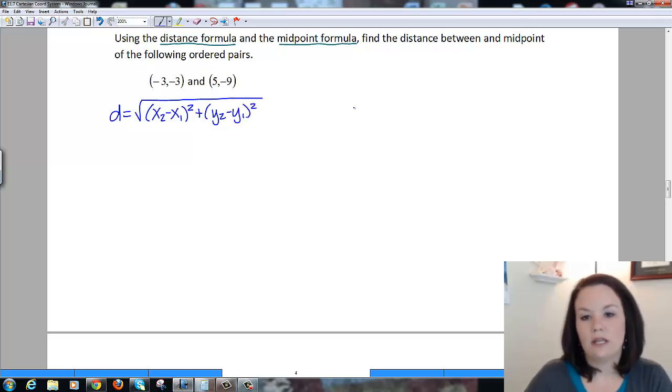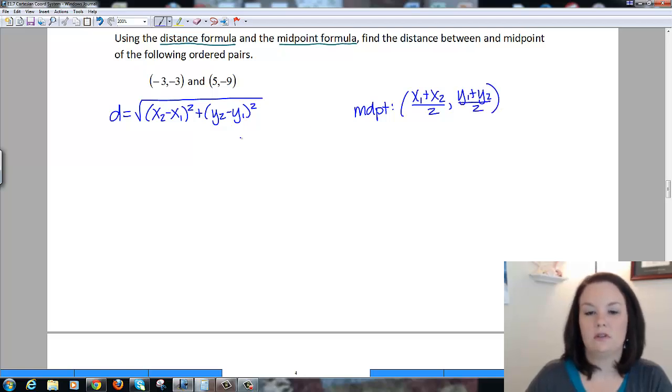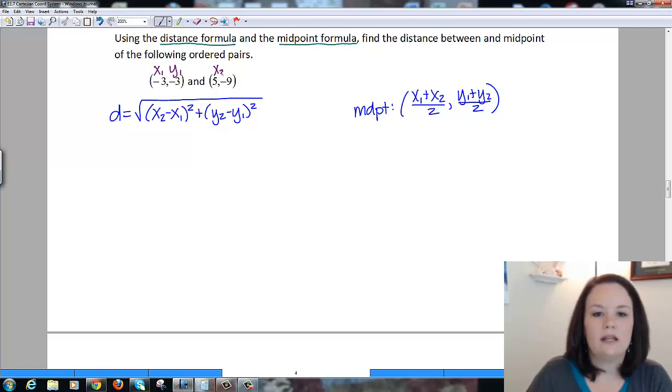And our midpoint is (x1 plus x2) divided by 2 and (y1 plus y2) divided by 2. Okay, so I'm going to go ahead and just rename these points. I'm going to rename this point x1, y1 and x2, y2. Okay, so we can follow along.